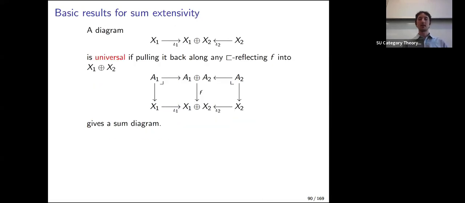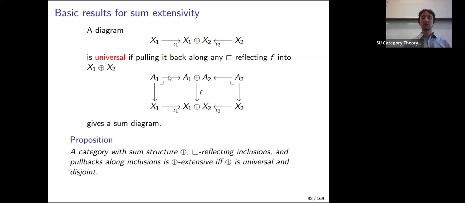Analogously, we say that a sum diagram of this form is universal if pulling it back along any C-reflecting morphism into my sum gives us a sum diagram again upstairs. And then we get the same result as for extensivity: a category with a sum structure, C-reflecting inclusions and pullbacks along inclusions is sum extensive with respect to that sum structure if and only if that sum is universal and disjoint.